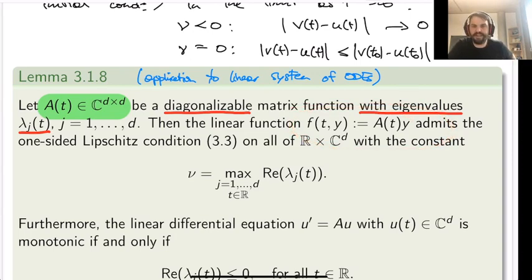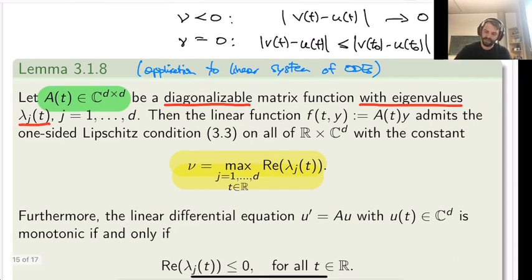For this linear setting, we always have a one-sided Lipschitz condition. So it does satisfy a one-sided Lipschitz condition on all of R cross C^d with this one-sided Lipschitz constant nu being the maximum of the real part, so the maximum positive, not the modulus, really the maximum real part of the eigenvalues of this matrix valued function at time t.